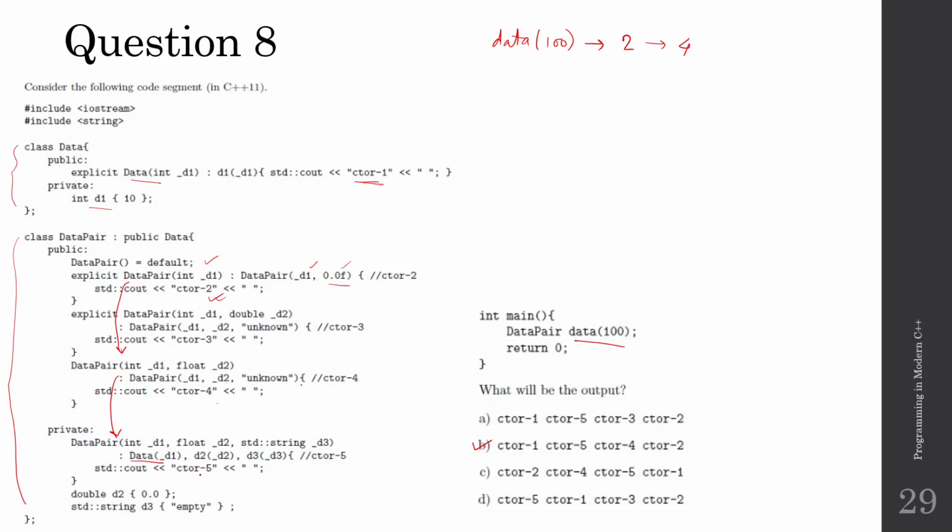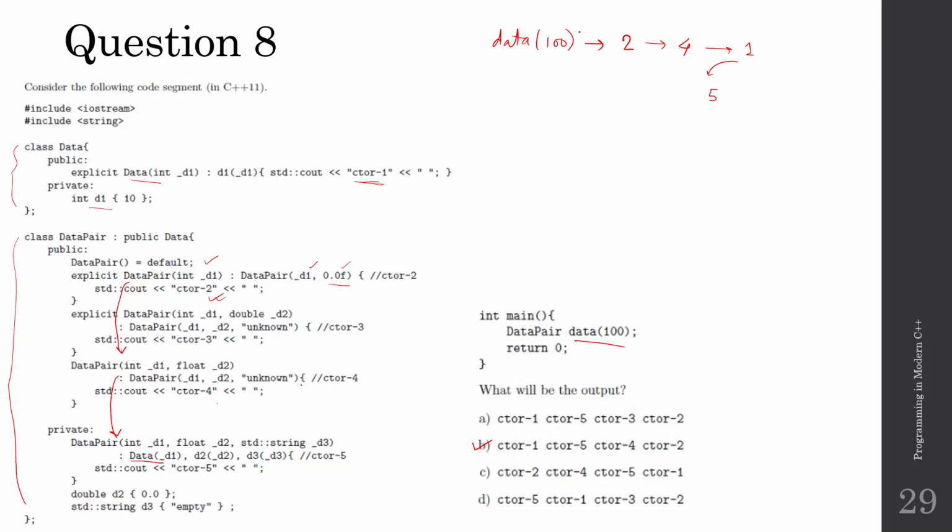Constructor 4 again calls constructor 5. But before constructor 5's body is executed, constructor 1 is called. And then after 1 returns, then 5 is called again. Now see all these print statements, they are in the body of the constructor. So they are done after the initializer list is processed.